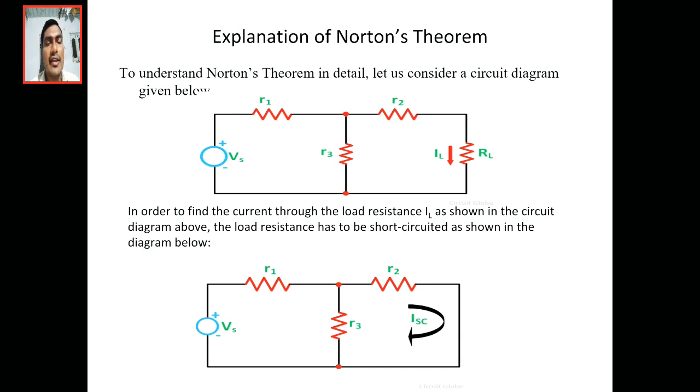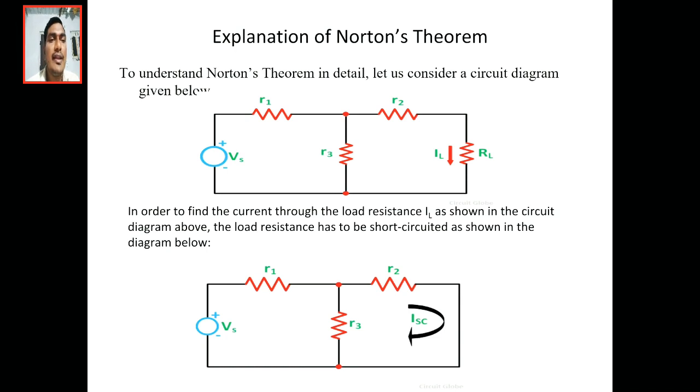As I said, we follow the steps. In step 1 we remove the load resistance, and by removing the element we short circuit that branch. See here R1, R3 and R2.